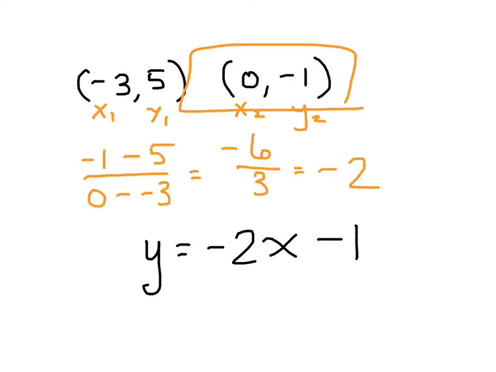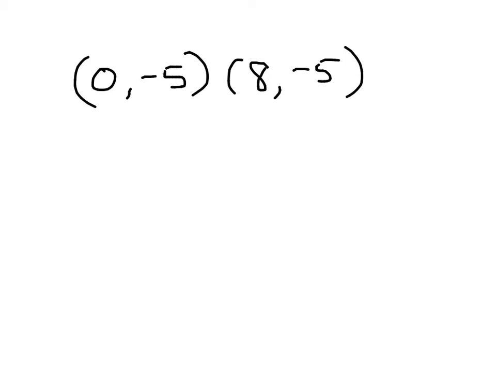And let's try the next one. It's (0, -5) and (8, -5). If I go left to right, this is x1 and y1, and this is x2 and y2.